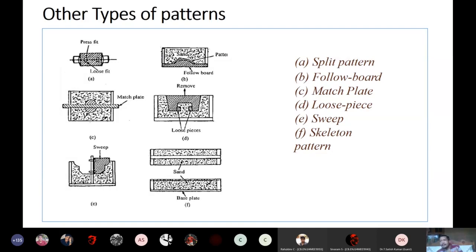There will be a striker board, and when you are moving it, the loam sand will be fitted according to the shape of your complete pattern. The loam sand will stick together with some kind of sticking mechanism, so that when it is removed, the cavity will exist there. So these are the different types of patterns, or special types of patterns, which you can see in the casting industry.